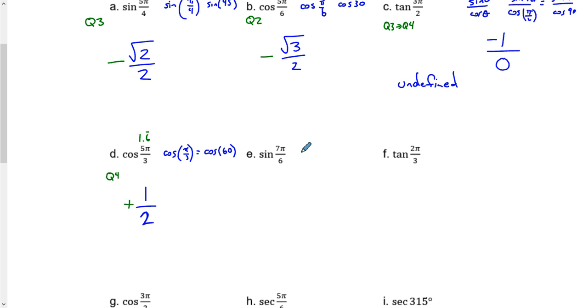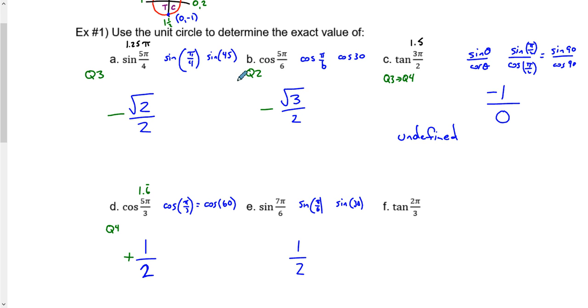Sine of 7 pi over 6. So what we're looking for are the sixths. Not the Jedi, just the sixths. Oh, I'm sorry, that one was just too perfect. Sine of 30 is definitely 1/2. 7 over 6 is just over 1, which means we are in quadrant 3.